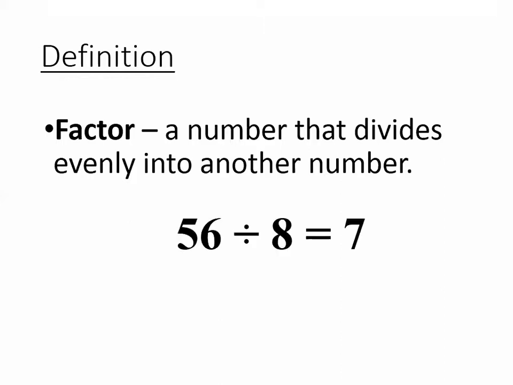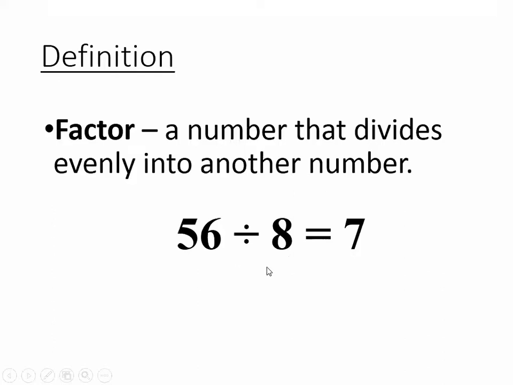It means that if we have 56, we know the product when we multiply 8 by 7: 7 eights are 56. Whenever we multiply 8 with 7, it becomes 56.